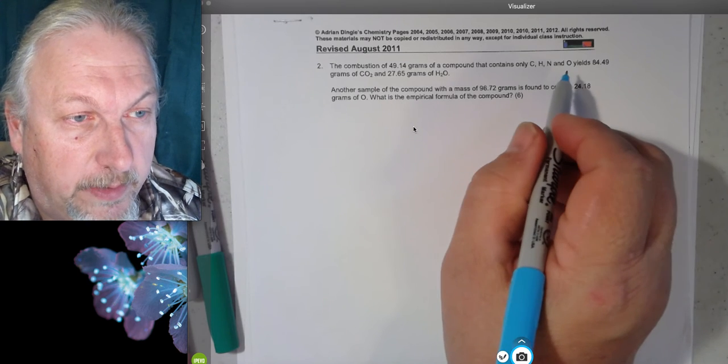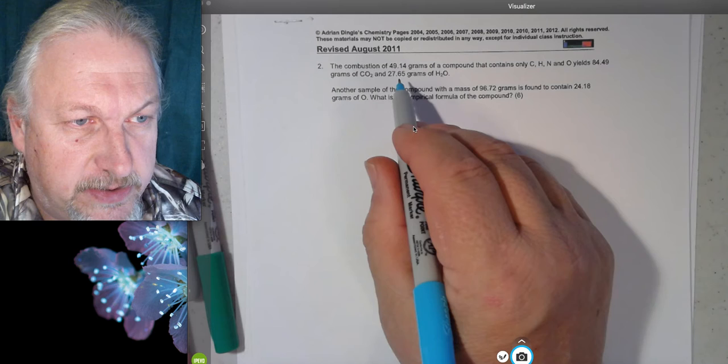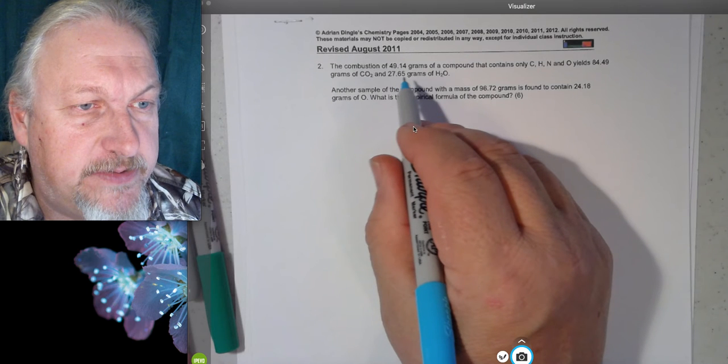Oh, but look, it gives us how many grams of CO2 we got. It gives us how many grams of water. So I can get the number of moles of carbon and the number of hydrogen. So now I can get the percentage of oxygen by doing this. All right, let's go ahead and do that first.